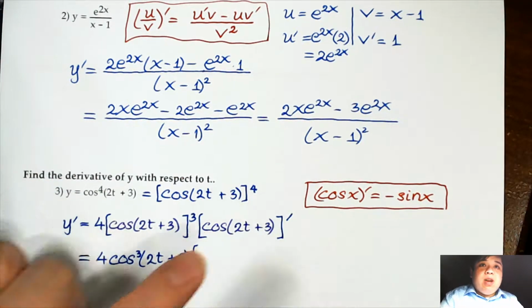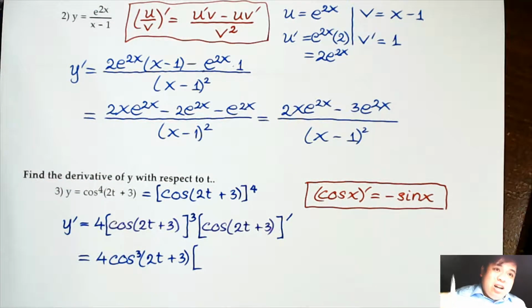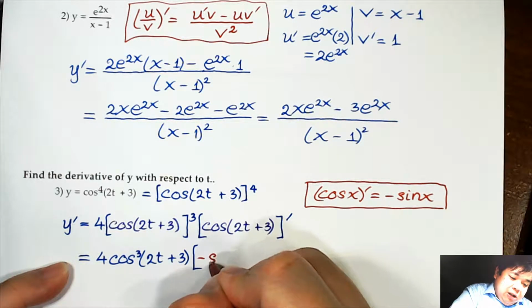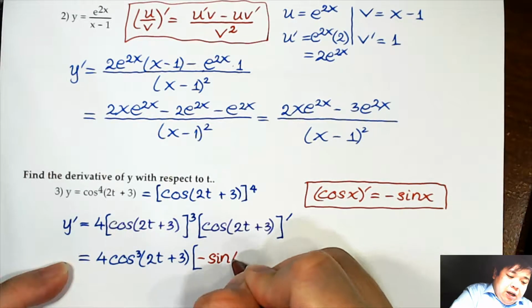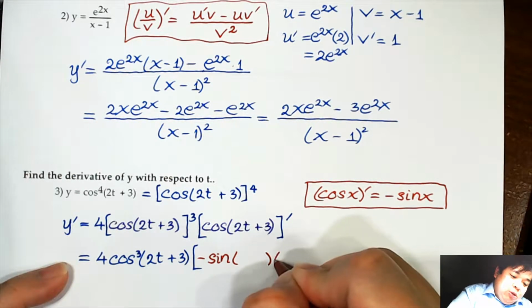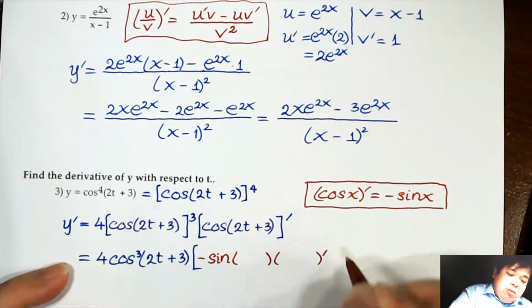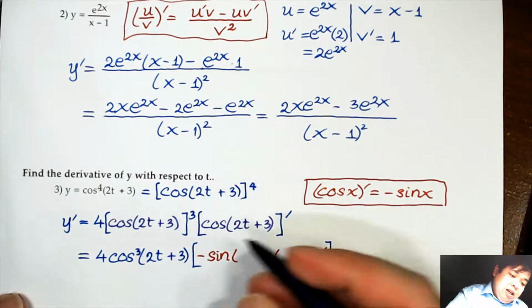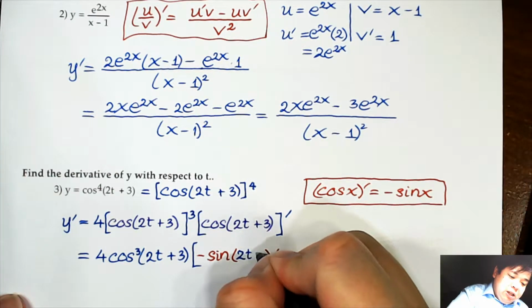Derivative of cosine of something, cosine is negative sine. It doesn't matter whatever inside the parentheses, we have to take derivative of that parentheses. Doesn't matter what it is inside. Happen to be 2t plus 3.